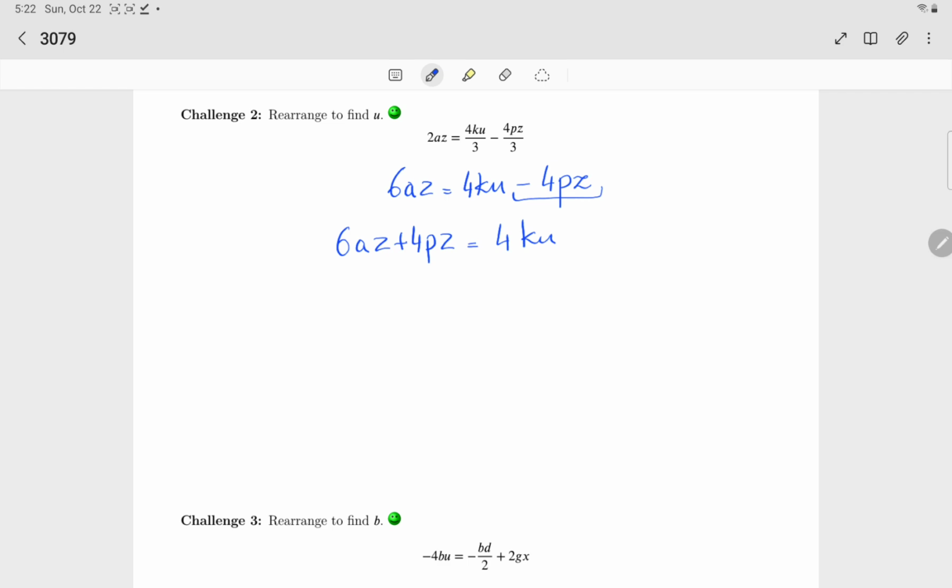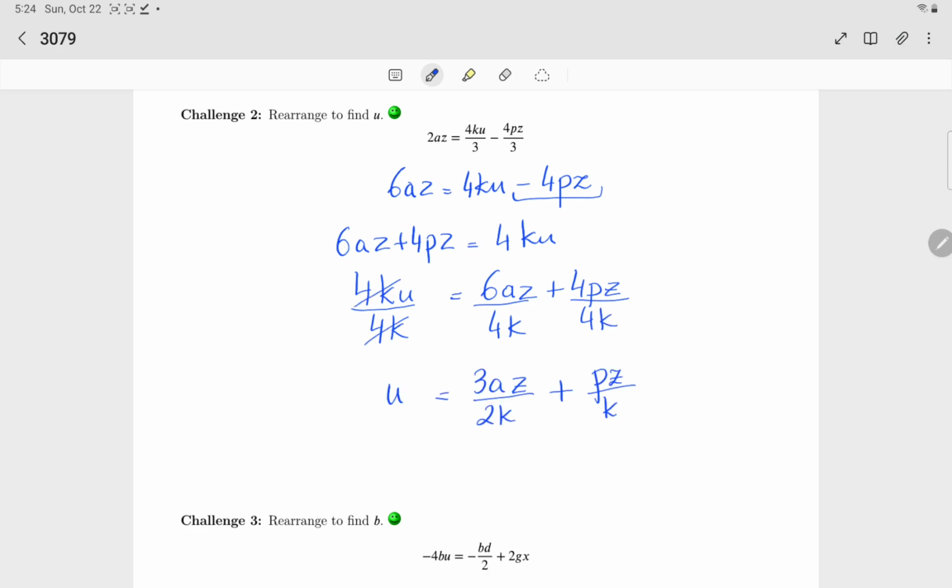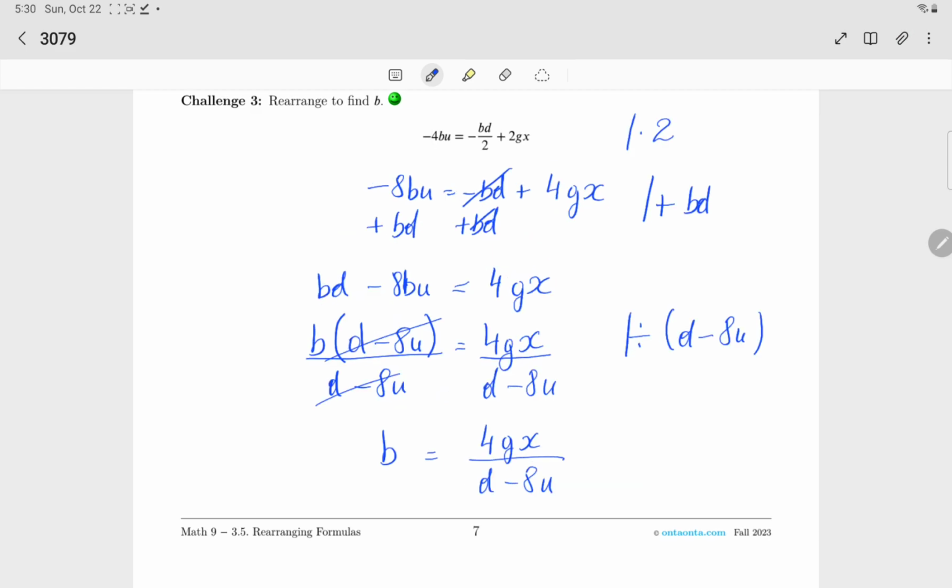Since we're looking for u, I'm going to switch the sides. Finally, we're going to divide each term by 4k and reduce each fraction. We can also take a common factor in front of the brackets. And check the solution to challenge 3.